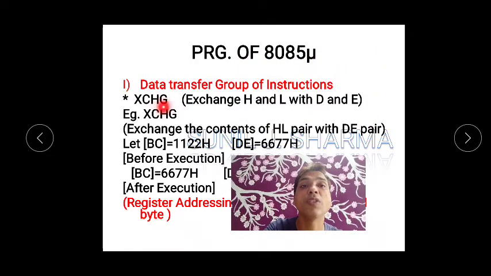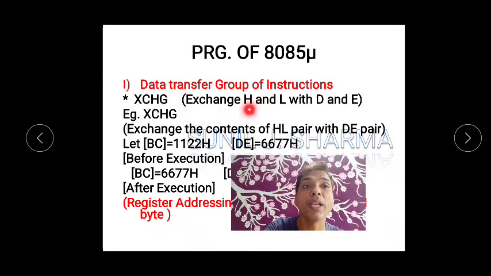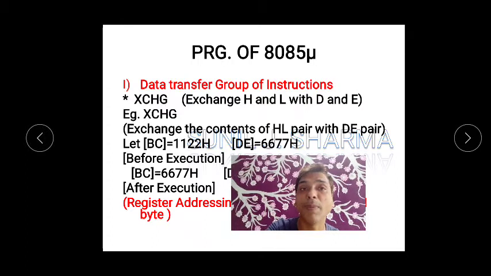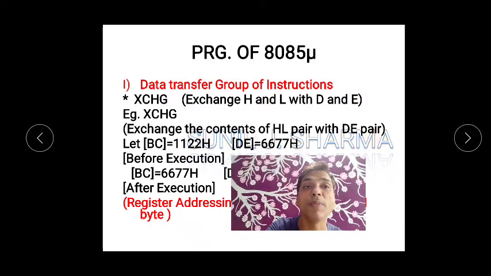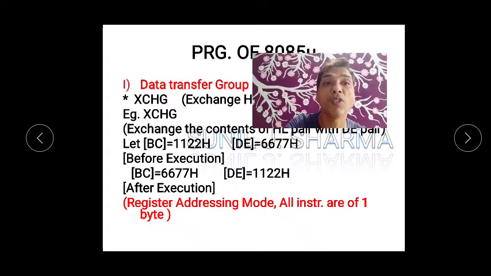It's a very simple instruction, XCHG. XCHG means exchange HL with DE. Only two pairs are used, the BC pair is not used at all. So XCHG exchanges the contents of the HL pair with the DE pair. Now this is the before-execution situation: the BC pair is holding 11 and 22 and the DE pair is holding 66, 77.